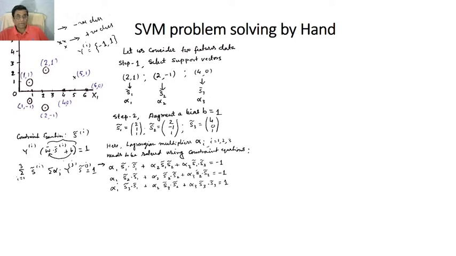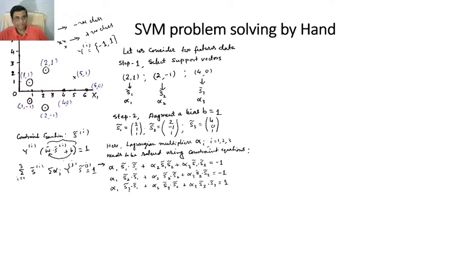Likewise, I got it for another sample which belongs to the negative class. I have calculated alpha 1, and now it is S2: S2 dot S1 plus alpha 2 S2 dot S2 plus alpha 3 S2 dot S3, all curly, equals -1. So you are getting the rhythm, right? We are taking a separate vector and then calculating this.